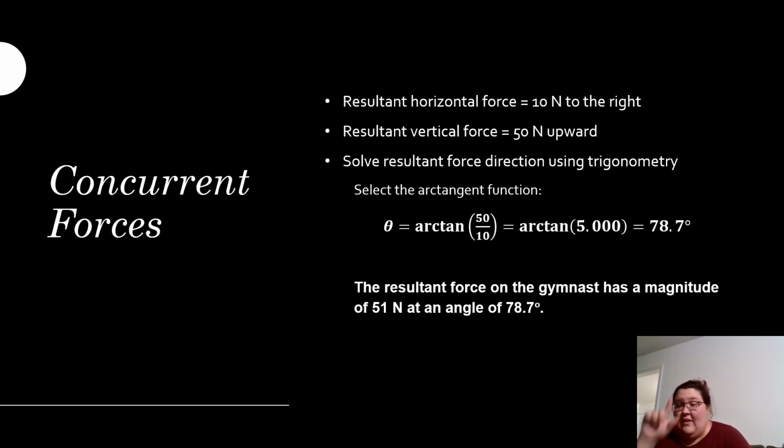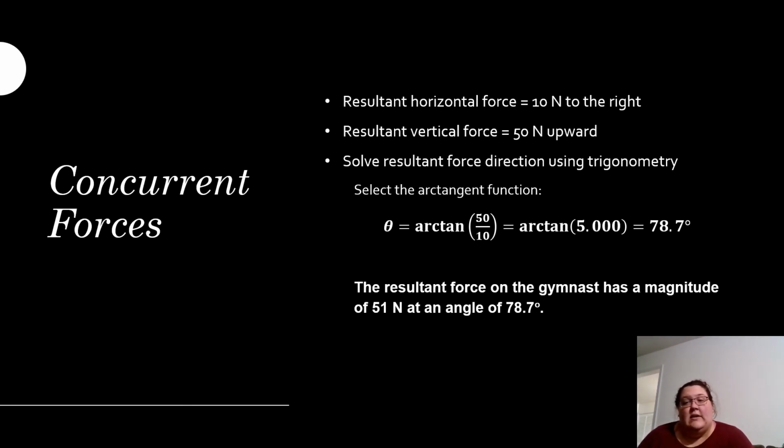So if we look at our right triangle, we do not know the hypotenuse angle, but we do know the forces involved in the adjacent and the opposite sides. So in this case, we would use tangent. Since I don't know the angle, instead of using tangent, I would use arctangent. So here we can see theta, which is what we use for degrees, is the arctangent of 50 over 10, so TOA, opposite over adjacent.